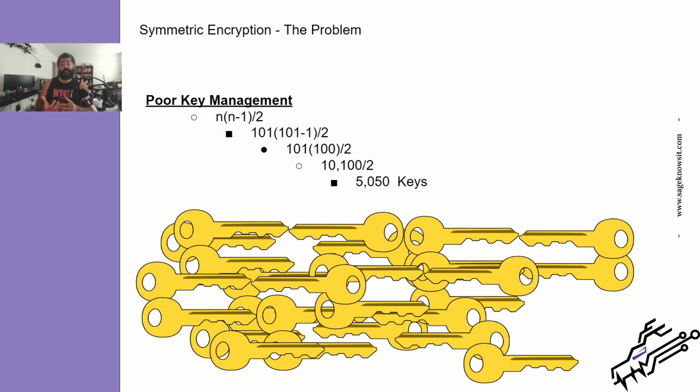I run that 101 through the key management algorithm, which is n times (n minus 1), divided by 2. The n minus 1 comes out to 100. We multiply that by 101 and divide that by 2. So for 101 people, we need 5,050 keys.